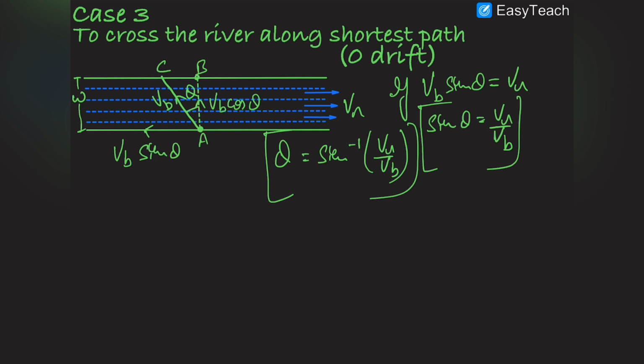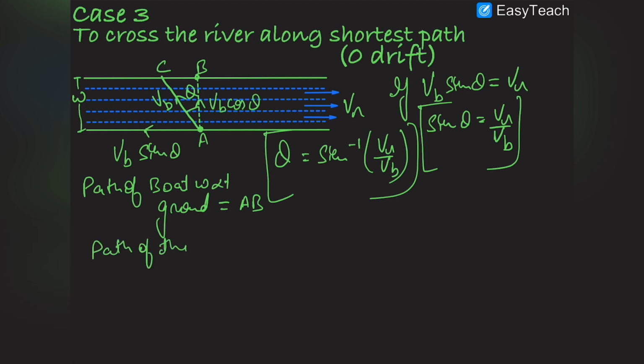Okay, so the path of boat with respect to ground would be AB, and the path of the boat with respect to river, is the path at which this boat is trying to move, and this path is AC.